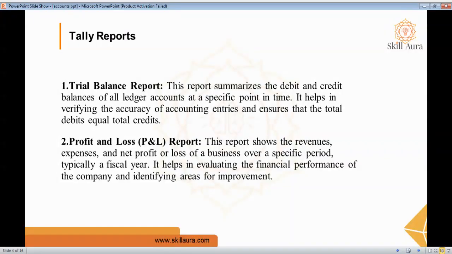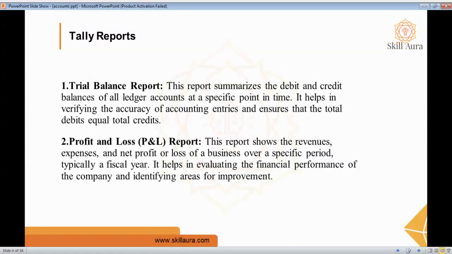Assets include cash, inventory, accounts receivable; liabilities include accounts payable, loans, etc. Equity includes capital, retained earnings, etc. Revenue includes sales and services, and expenses include purchases and salaries. So these are the accounts which are usually listed in the trial balance.